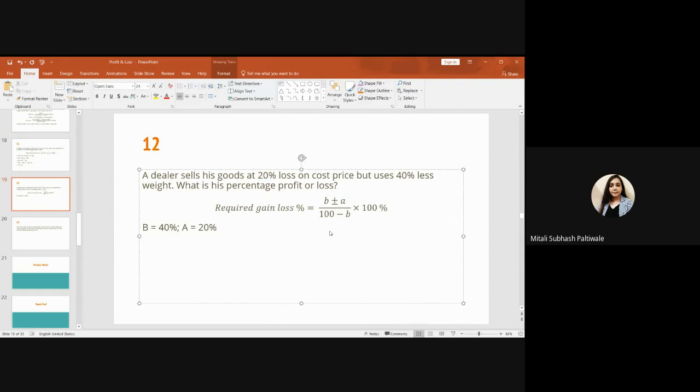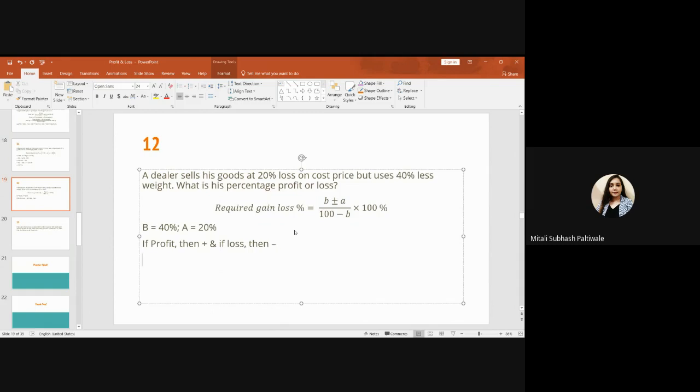And that's it. Now, from where did this plus or minus come up? See, if there is a profit, then plus, and if loss, then minus.